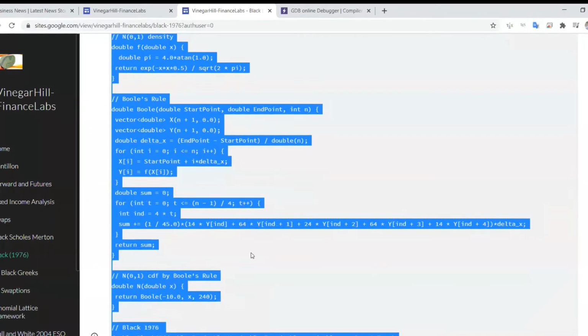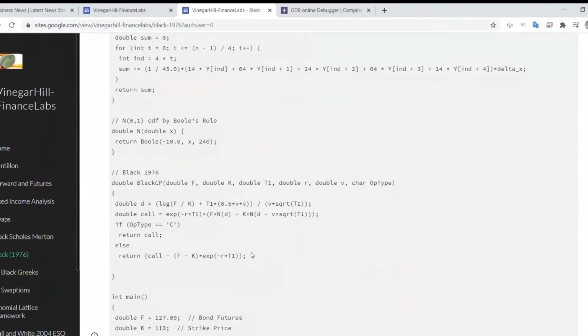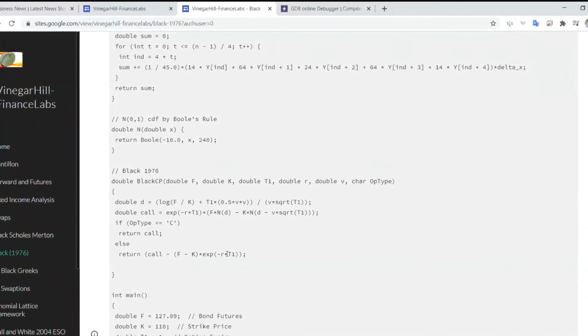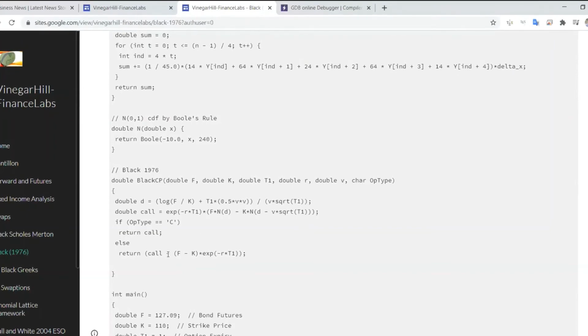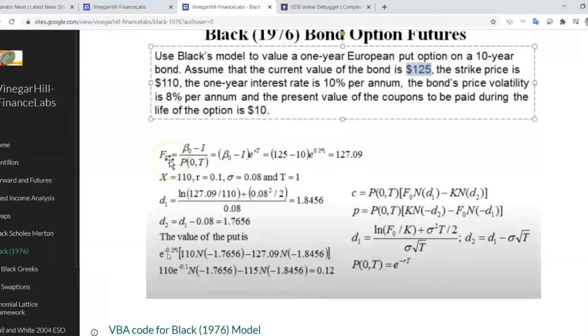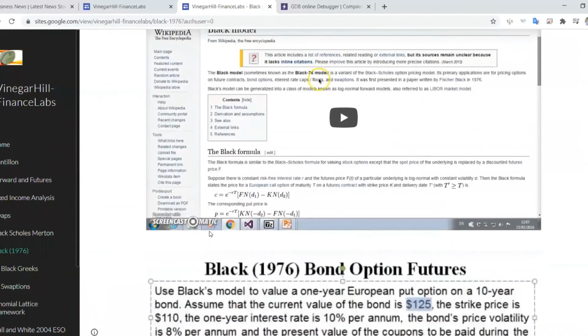One last thing to note: when we were estimating the value of the put option, what in fact we used was we made reference to put-call parity. Okay, so the put-call parity relationship we can find in our video here.